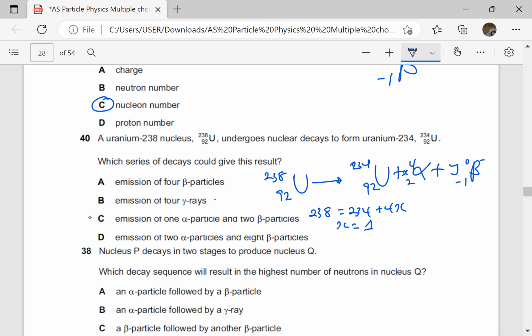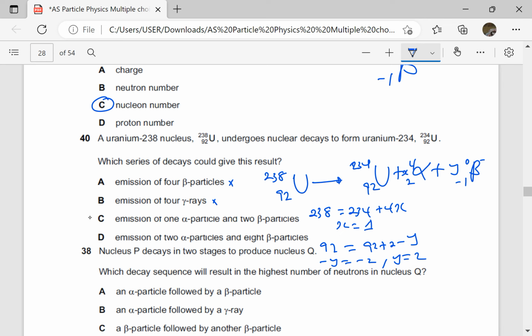This one says 4 gamma rays. That one is wrong. 4 beta particles only, that is wrong. Since we know that X is 1, we can now find Y using proton number. 92 on the left hand side is equal to 92, X times 2, that means plus 2, and Y times -1, that is minus Y. So negative Y is equal to -2, meaning Y is 2.